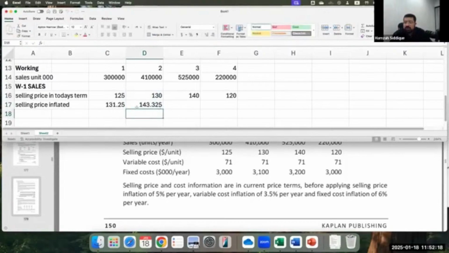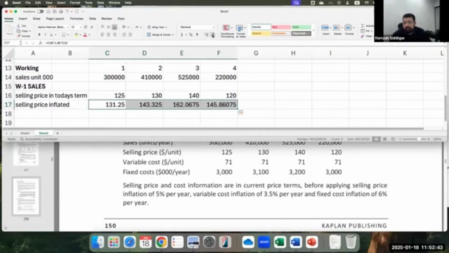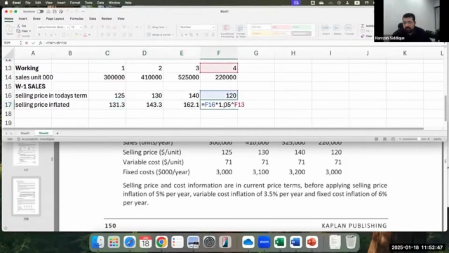Okay, we can do a very good thing. I wanted to teach you this. The way I prefer is simply raised to power this. Once we do this, we can simply apply the formula, raised to power 4.